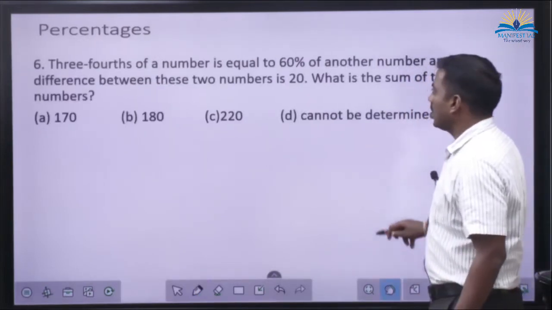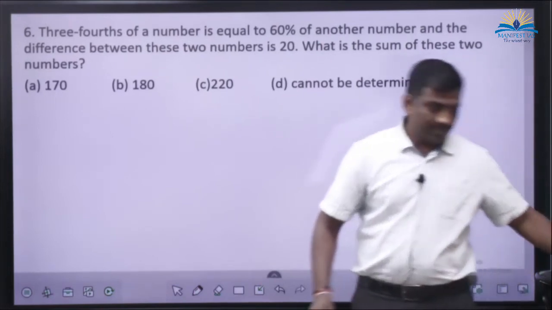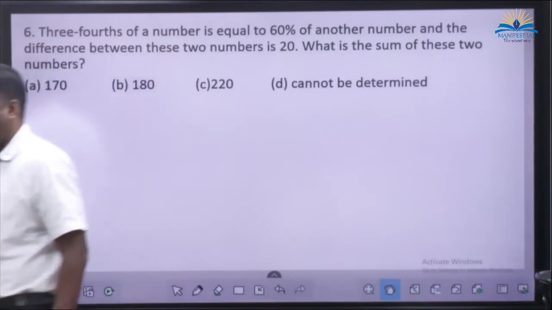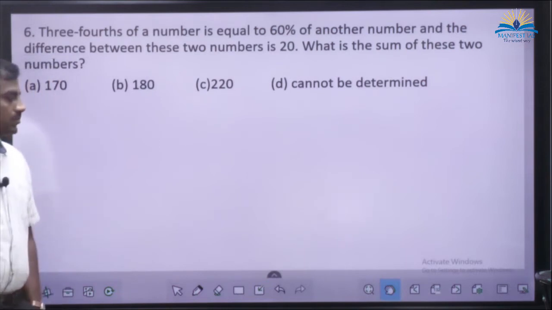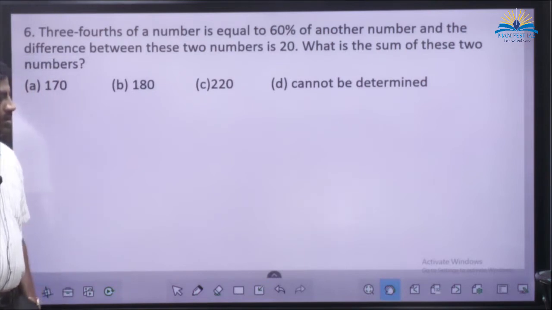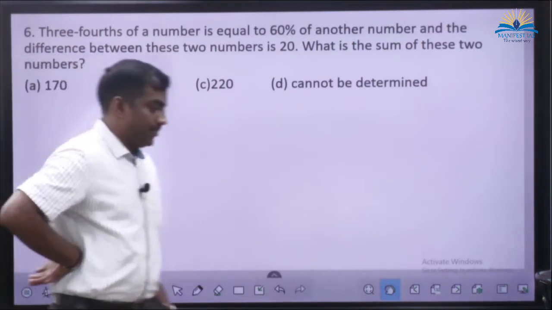3/4. Okay, you write this equation for me. Let's see. Write the equation for me.